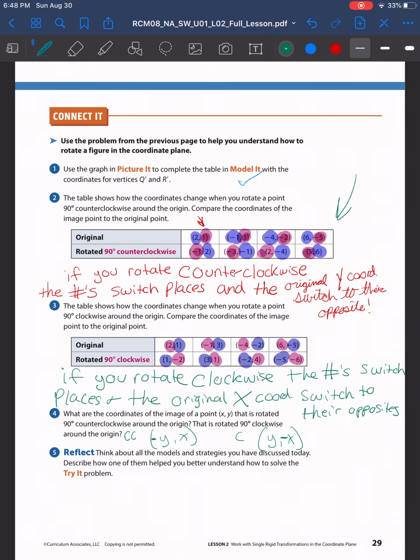I highly suggest you guys try to memorize these little tricks because that'll be super helpful to rotate around. Just remember, if you rotate counterclockwise, the numbers always switch places, so like the x's and the y's flip, and then the y coordinate switches to its opposite. And then if you rotate clockwise, the numbers switch places, and then the x coordinate switches to their opposite.